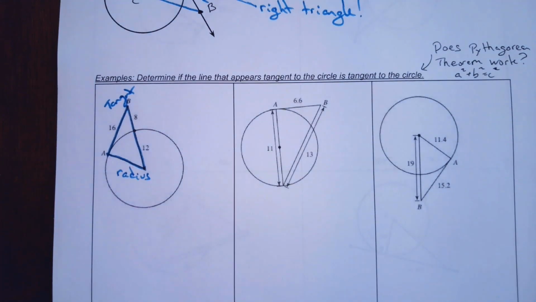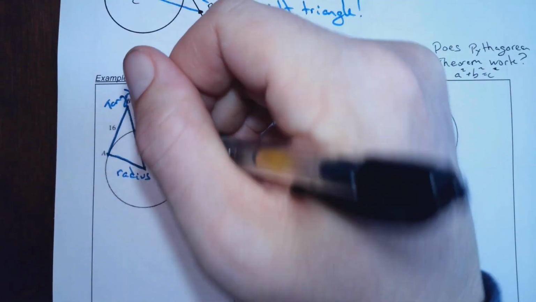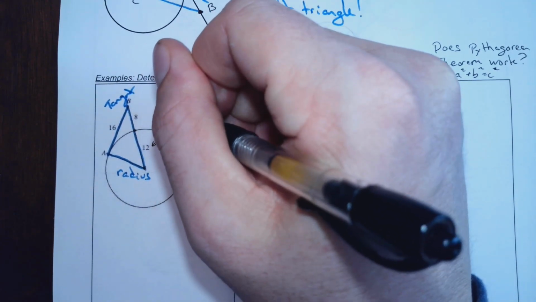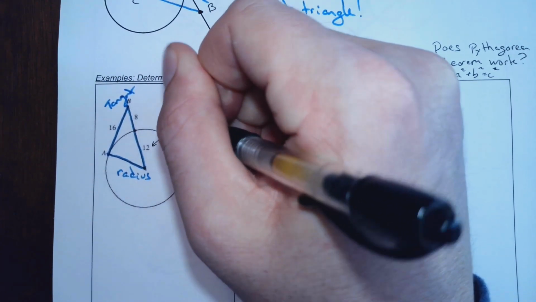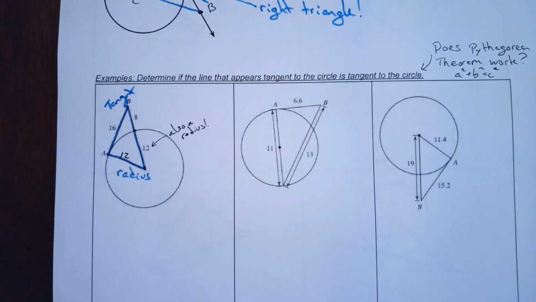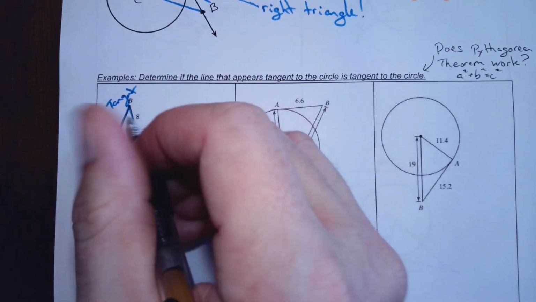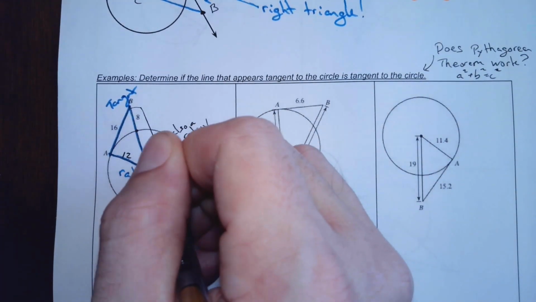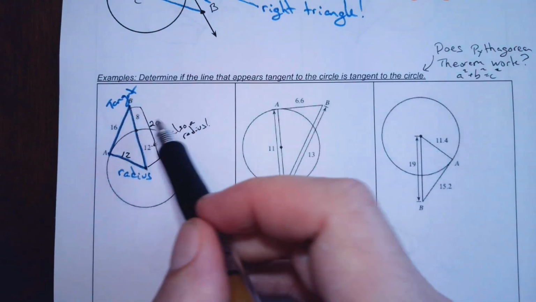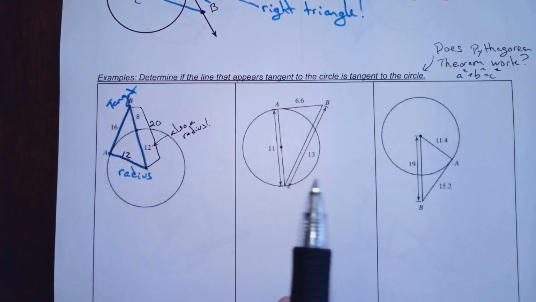Okay, so this right here, this 12 is also a radius. So that means that this is 12 here. So these have to be the same. And this total length here is going to be 20. 8 plus 12 gives us 20.